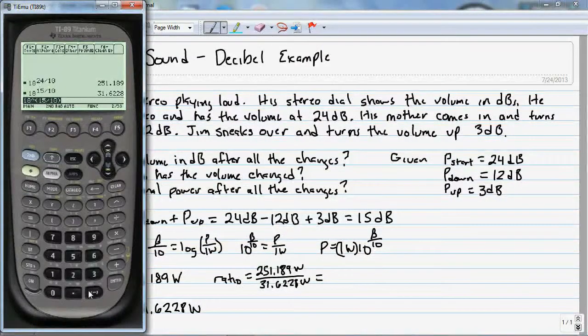So we're going to take the second answer and divide that by the last answer. And that's about 7.943.